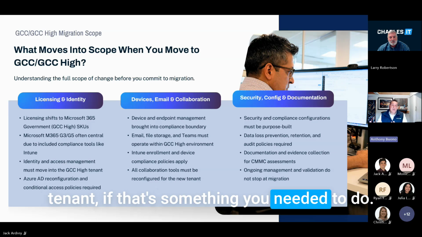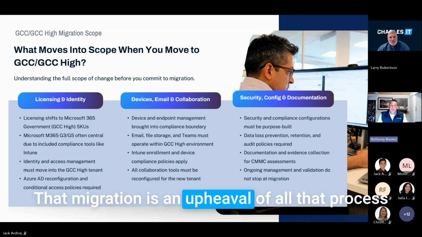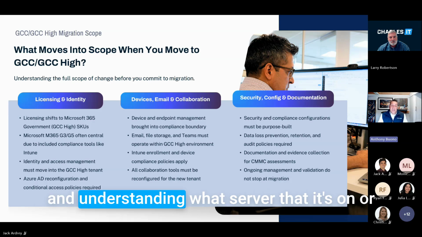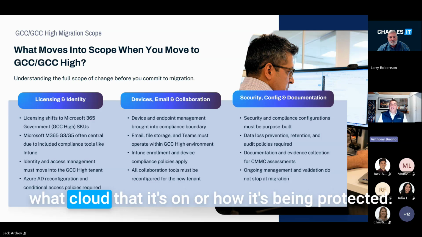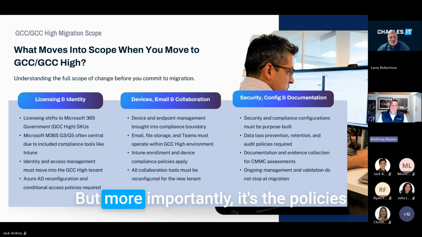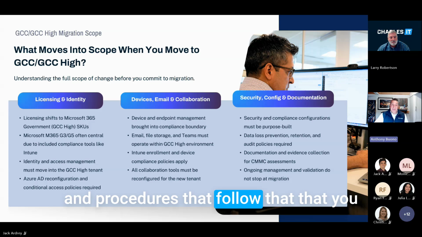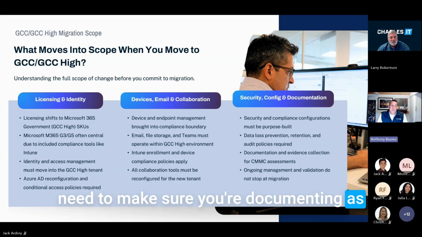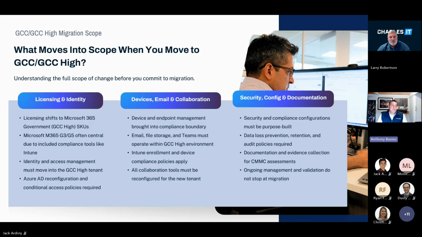That migration is an upheaval of all of that process, and understanding what server or cloud it's on or how it's being protected. But more importantly, it's the policies and procedures that follow that you need to make sure you're documenting from a cybersecurity perspective. Gotcha.